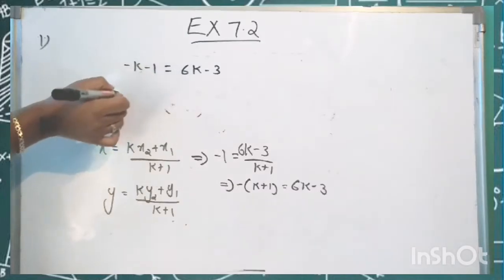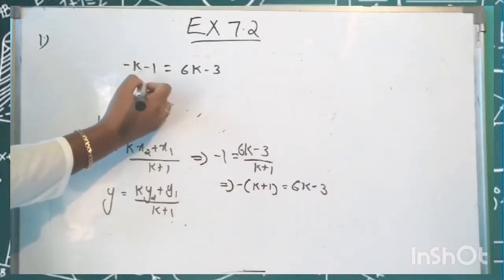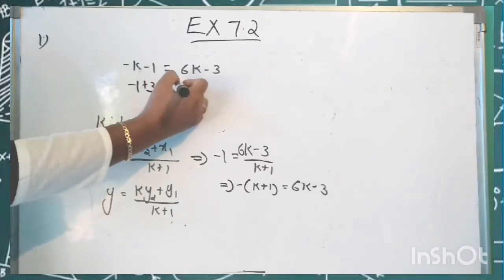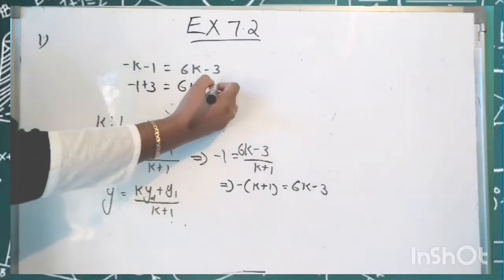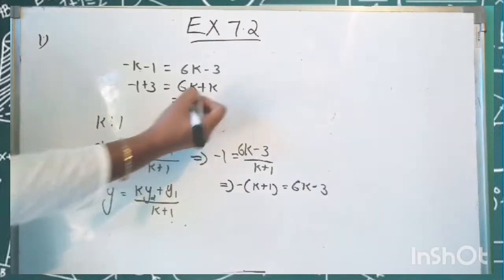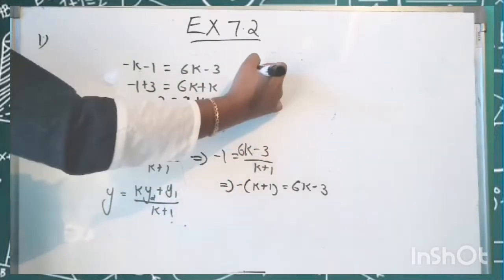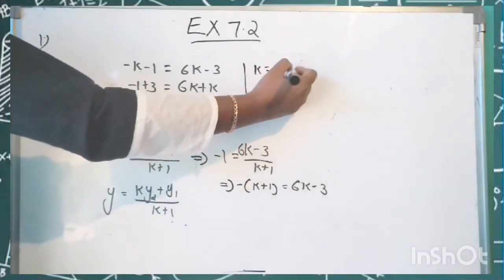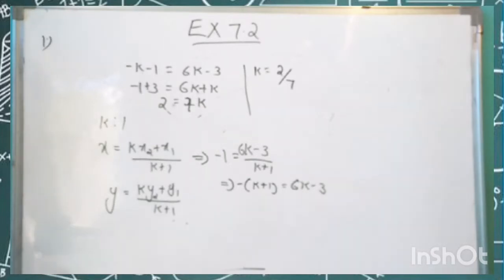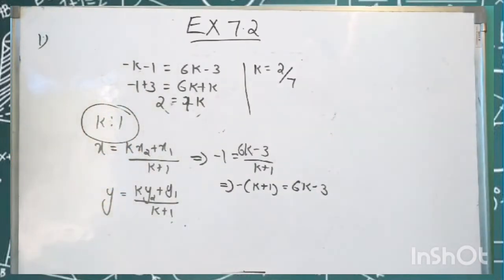Take this minus 3 into LHS and minus k into RHS. That is minus 1 plus 3 is equal to 6k plus k. It is equal to 7k, and here it is 2. Then what is the value of k? k is equal to 2 by 7, and we took our ratio as k is to 1.